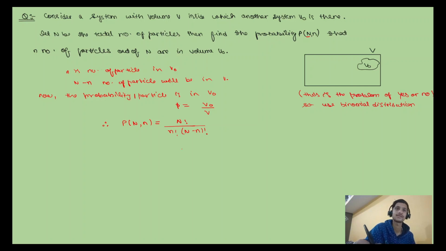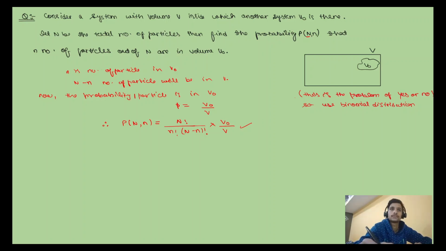So this will be the NCR formula. What will be the probability of each of these particles? That will be V naught by V. So this particular formula represents the probability that n number of particles out of capital N are in this volume V naught. So this is how you should approach this problem.